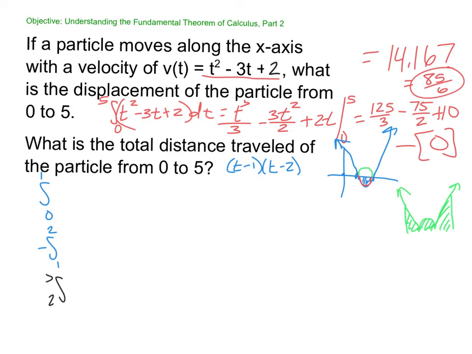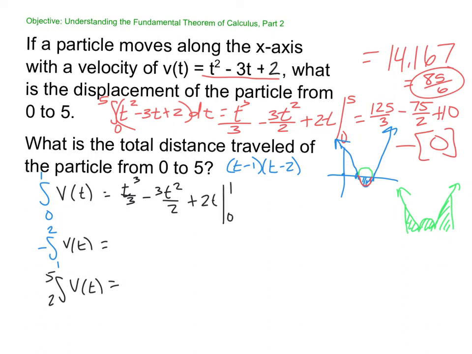All right, so we're going to go through and integrate v of t. I've got t cubed over 3 minus 3t squared over 2 plus 2t from 0 to 1.